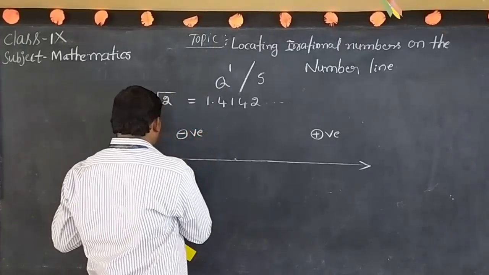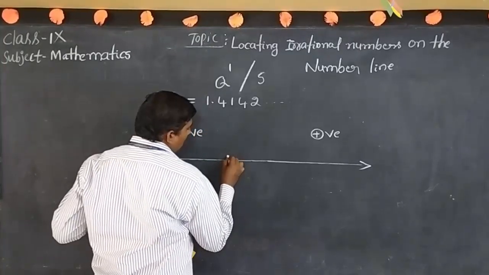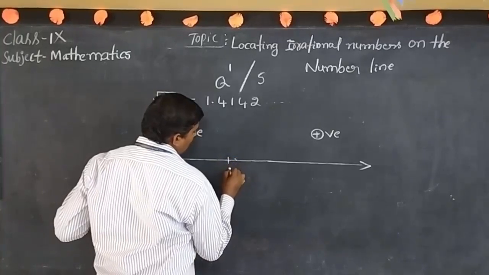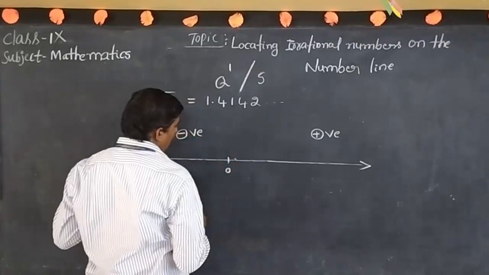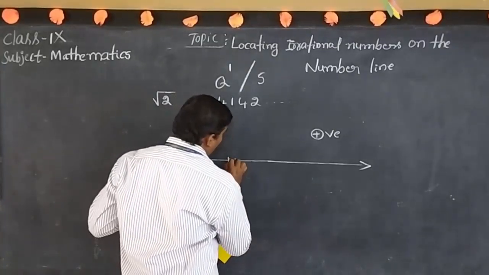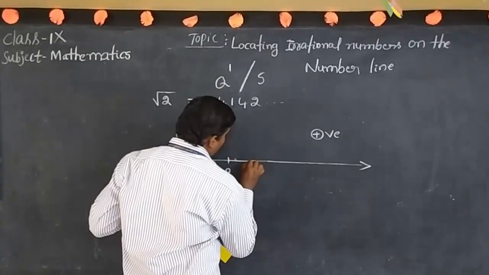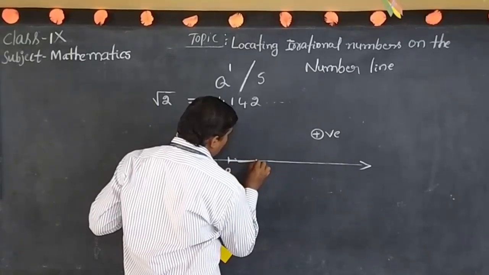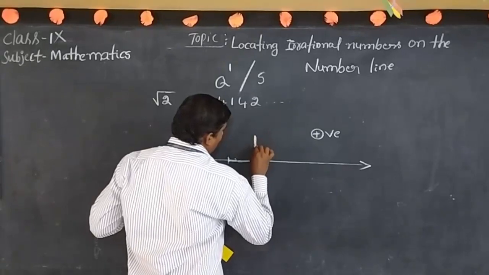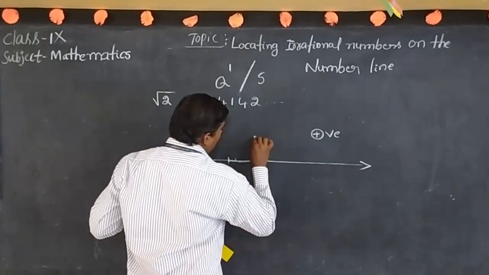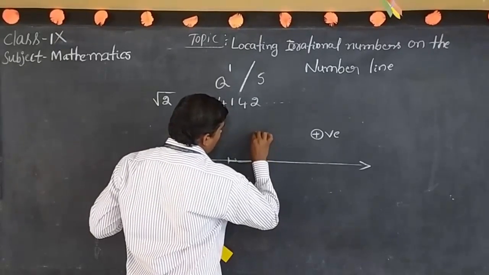Here near 0, we are starting from 0 to the right side 1 unit, which means 1 unit length.